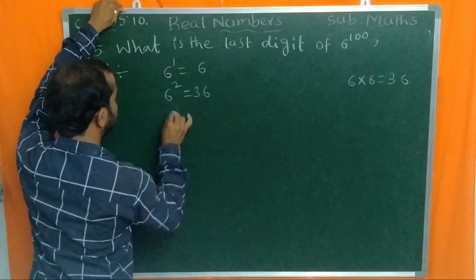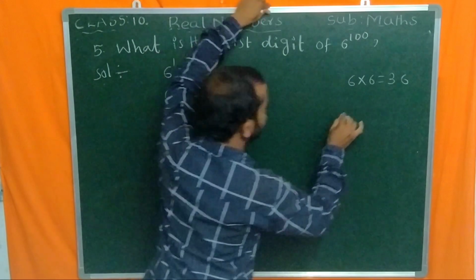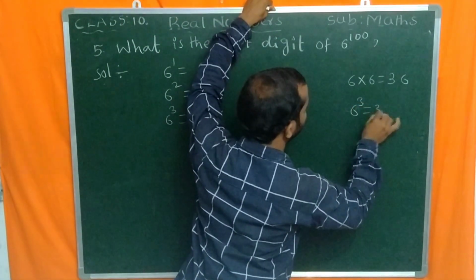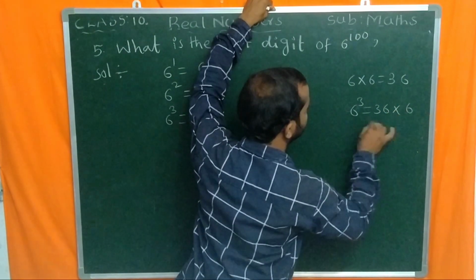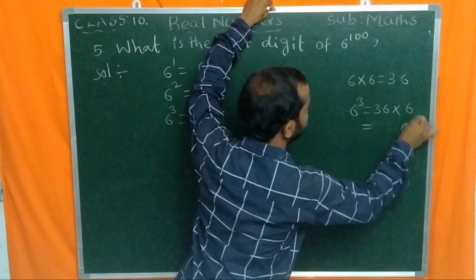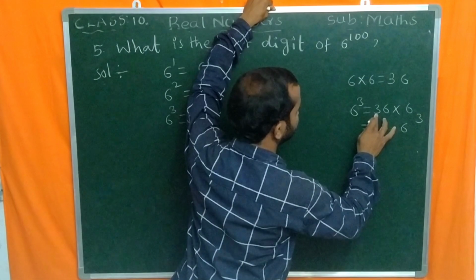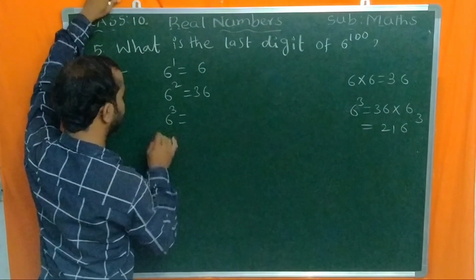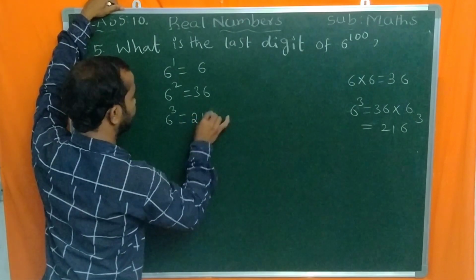Next, 6 cubed is 6 into 6 into 6, which is 36 into 6. 6 times 6 is 36, 6 times 3 is 18 plus 3 is 21, so 216. 6 power 3 value is 216.